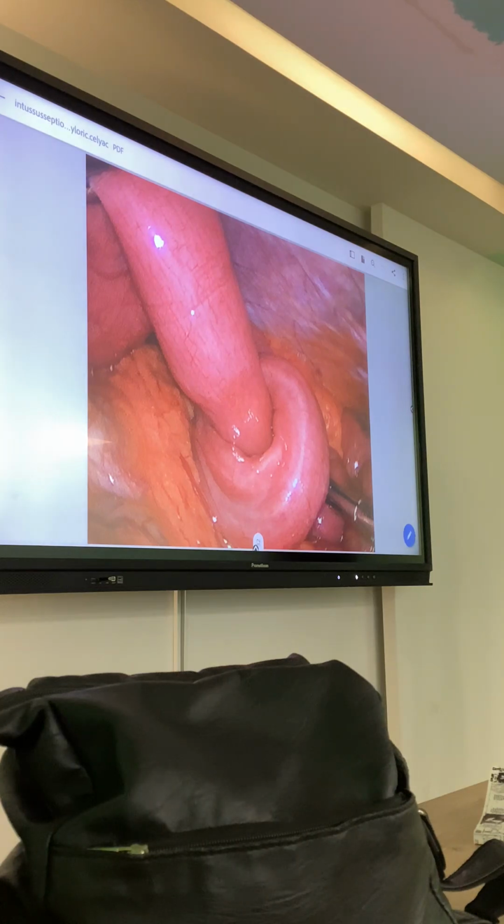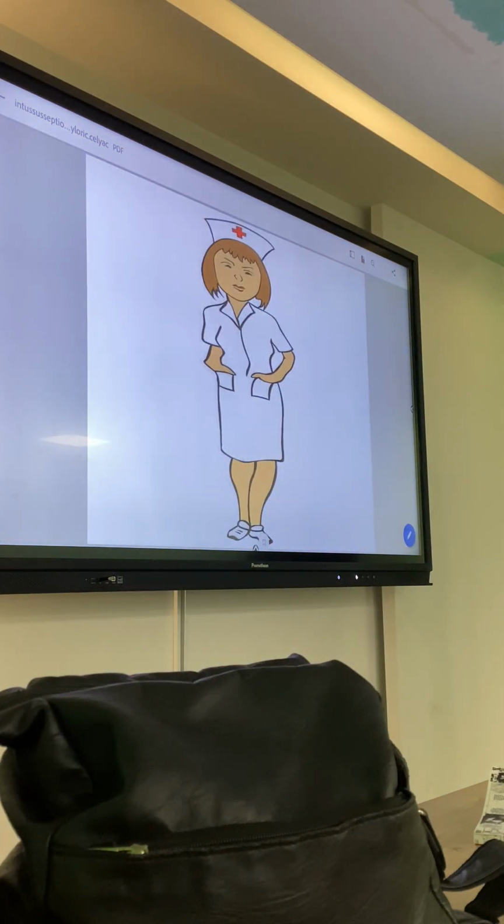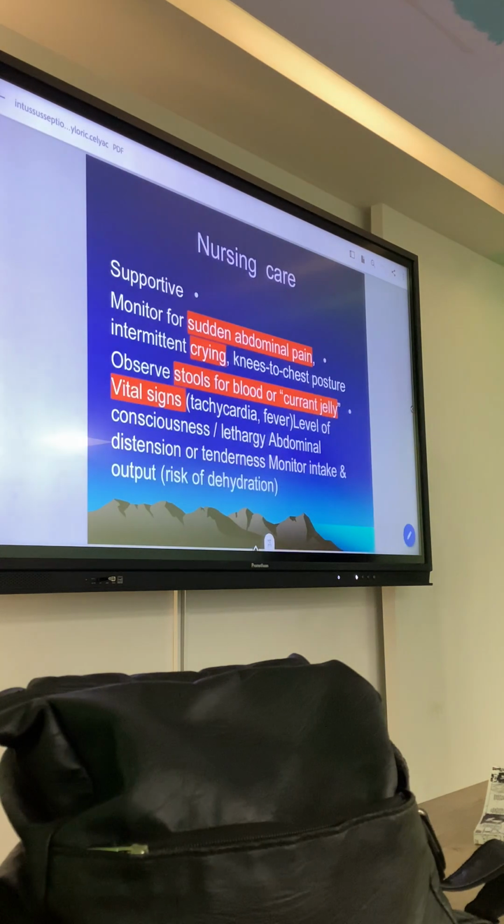If not, surgery is recommended, and you as a nurse monitor abdominal pain, crying, and check the stool, pay attention.